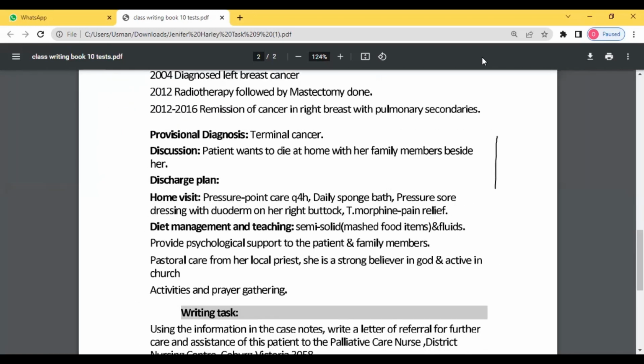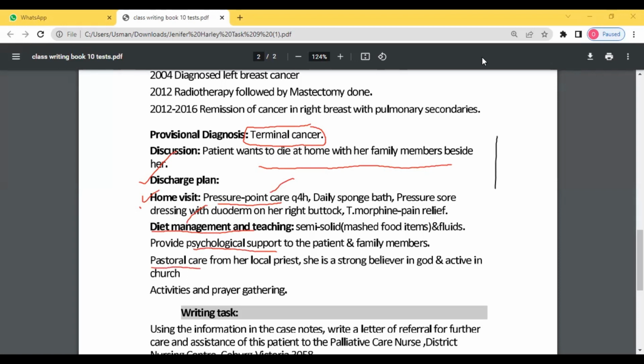So as you can see now, we have a patient who's at the terminal stage of cancer, and the patient wants to die beside her family members, and now the discharge plan. In the bold details we can see home visit for pressure point, the dietary plan, psychological support, and the religious support.